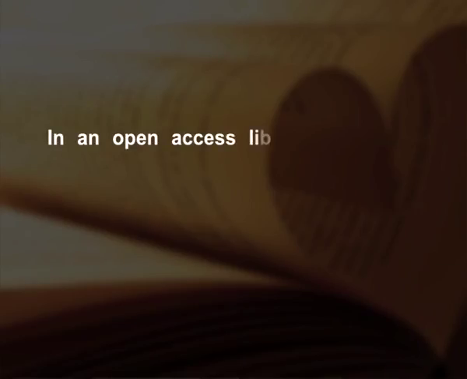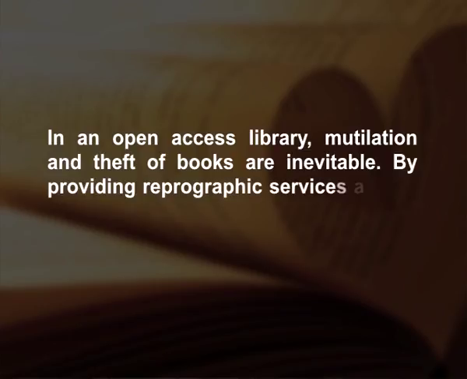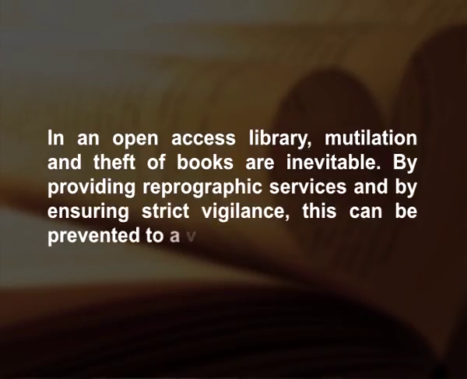In an open access library, mutilation and theft of books are inevitable. By providing reprography services and by ensuring strict vigilance, this can be prevented to a very great extent. But still, some deviant behavior is likely. Therefore, there is a provision to write off a certain amount of documents used as inevitable loss.